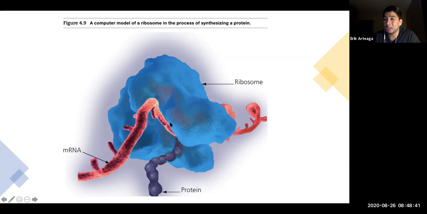We'll get into this process a little bit later. This is really complex, and we probably won't get into that much detail right now. But just know that mRNA originates from the nucleus, plugs into the ribosome, and makes the protein.